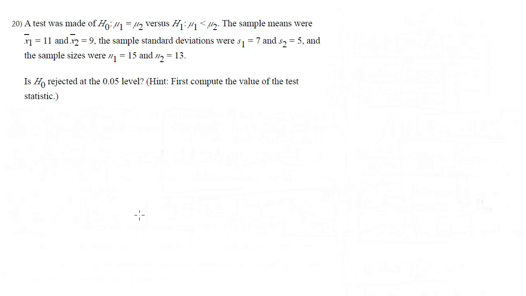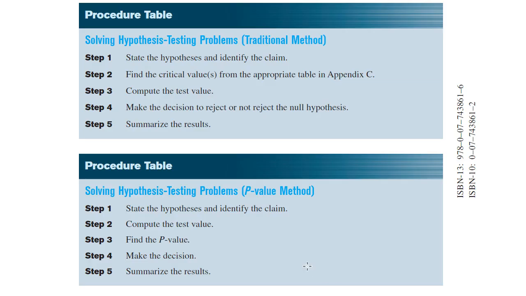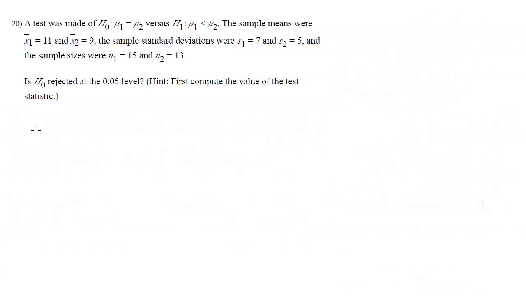So the first step for each of these is to state the hypotheses and identify the claim. Hypotheses are already stated. Null, the means are equal. Alternative, mean 1 is less than mean 2. So this is left-tailed.